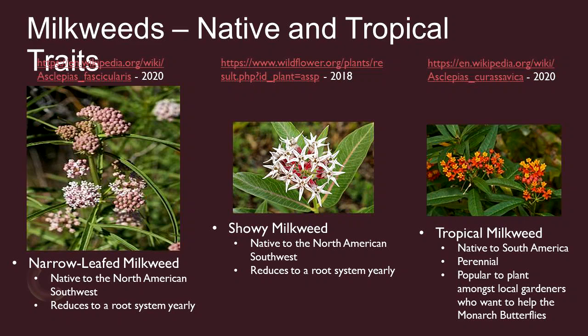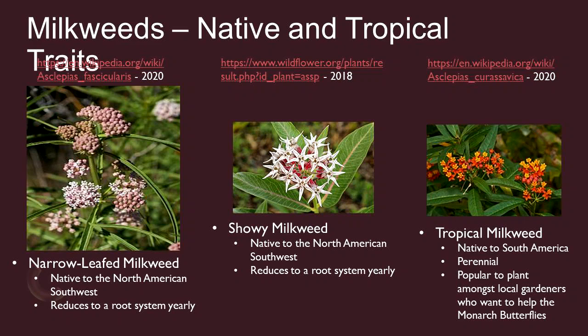Tropical milkweed is not native to the North American Southwest, and is in fact native to South America, and is perennial, meaning that it has an above ground body all year long.